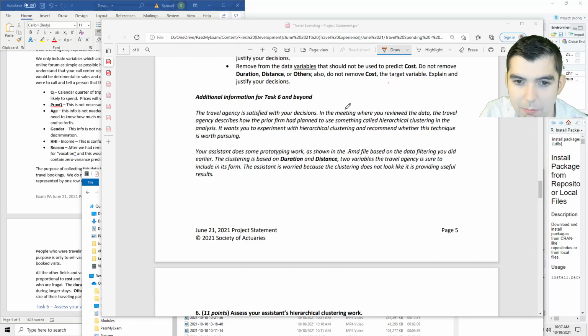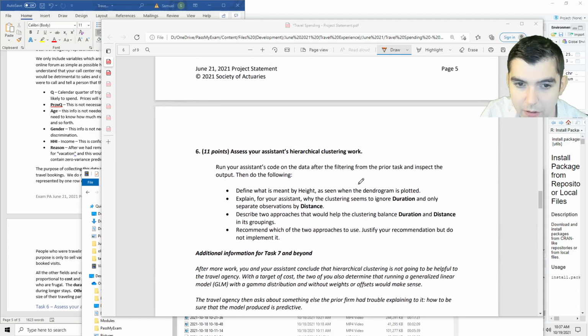Your assistant does some prototyping work as shown in the RMD file based on the data filtering you did earlier. The clustering is based on duration and distance, two variables the travel agency is sure to include in its form. The assistant is worried because the clustering does not look like it's providing useful results.